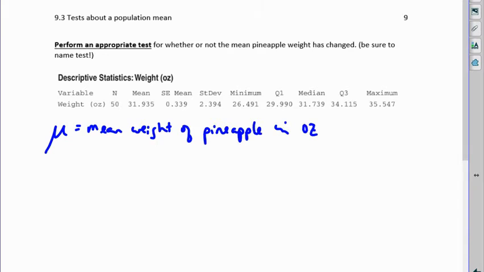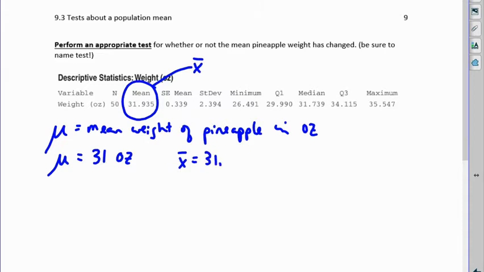And we think that based on past practice, pineapples usually were 31 ounces. But our data gives us a sample mean of 31.935. Our data gives us a standard deviation of 2.394. You can see that standard deviation right here.